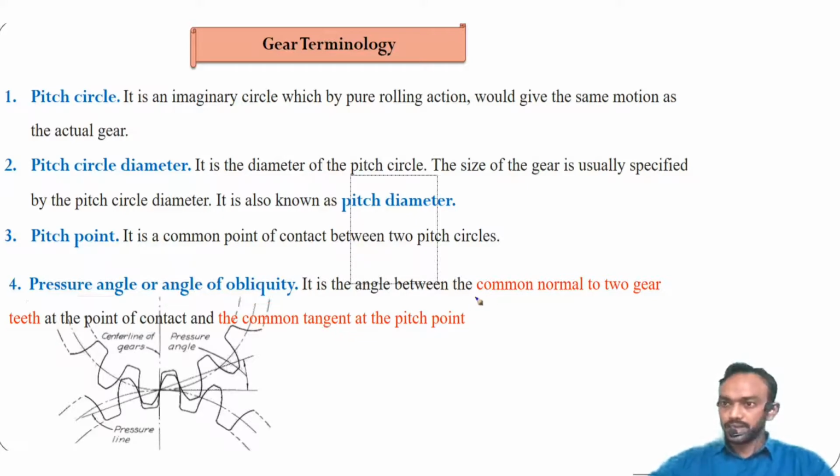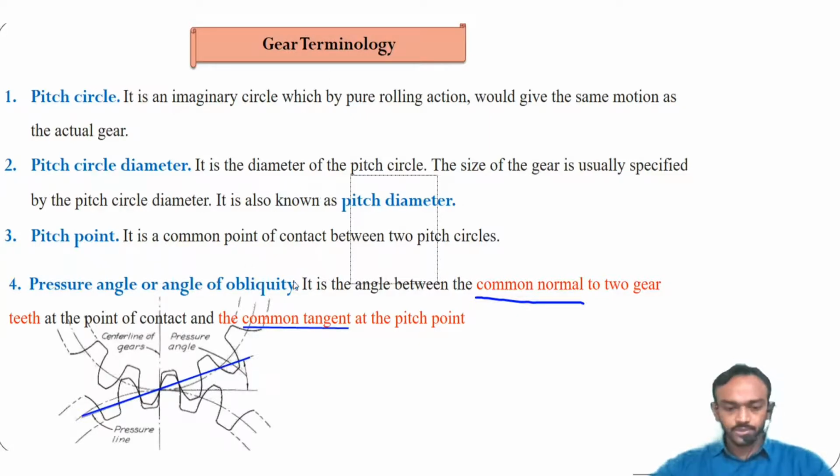Let's draw the common normal, the line at the point where both curves touch. The second is the common tangent at the pitch point, the point at which both pitch circles touch.